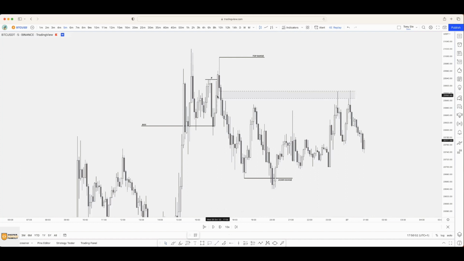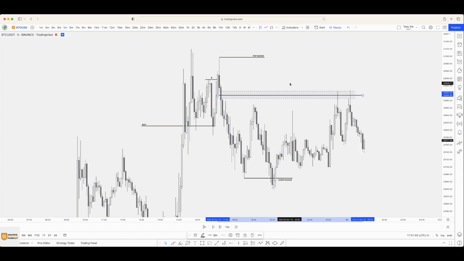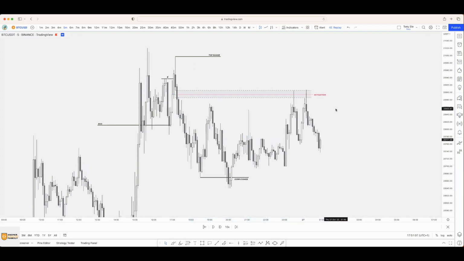So mitigation here also, right? So two of the entry techniques are present in this area. If you choose to go in by the imbalance, you have your entry. If you choose to go in with the mitigation candle, you also have your entry.